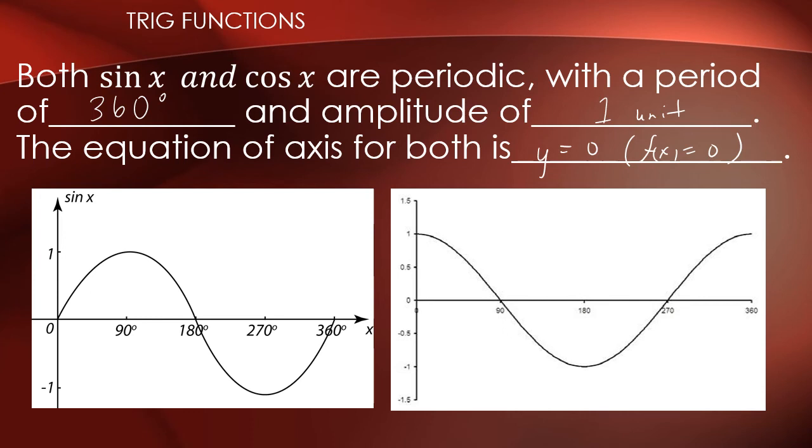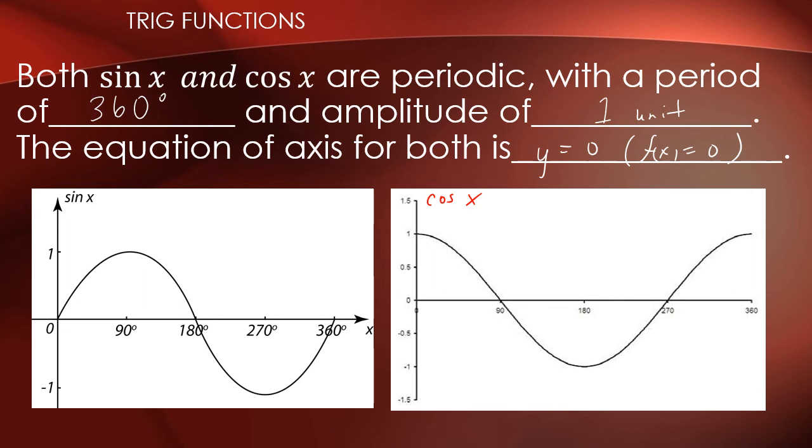On the bottom, I have a graph of sine x and a graph of cos x. That is what they look like. X-axis is in degrees, y-axis is just going up by ones. Sine is on the left, cos is on the right.